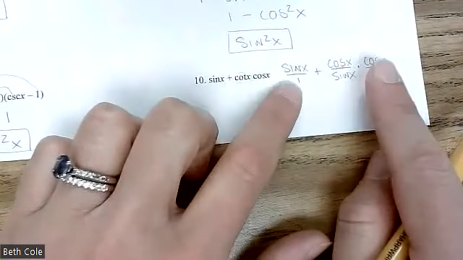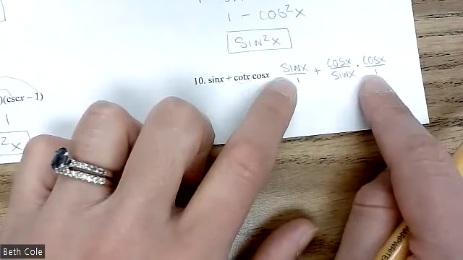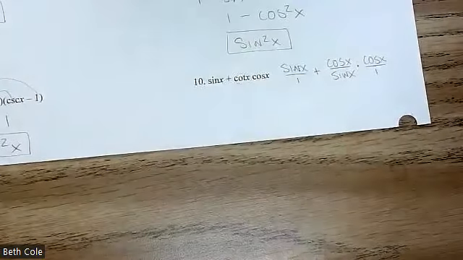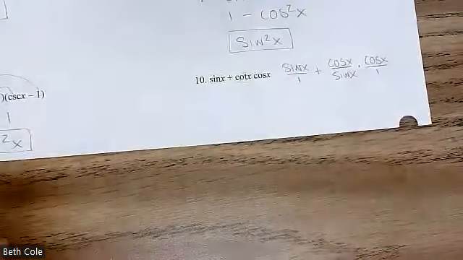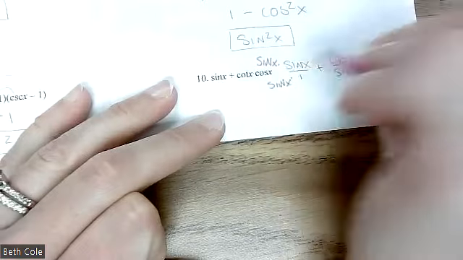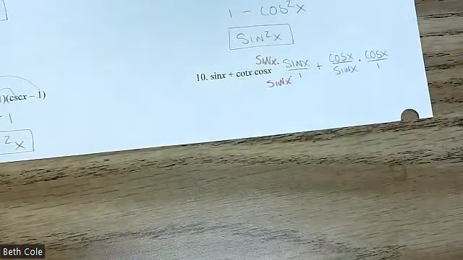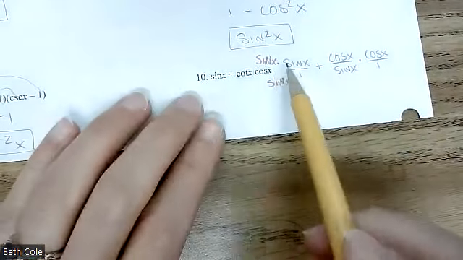So we have 2 separate items here separated with a plus sign. I need to get a common denominator. So your common denominator is going to be sine. So this one's already good. This one I'm going to have to multiply by sine. And actually, I'm already seeing where this goes and it won't be too bad.